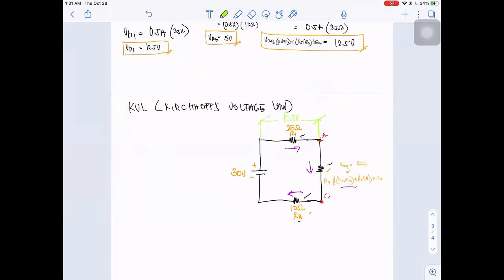Also, we have a voltage drop here, which is equivalent to 5 volts.